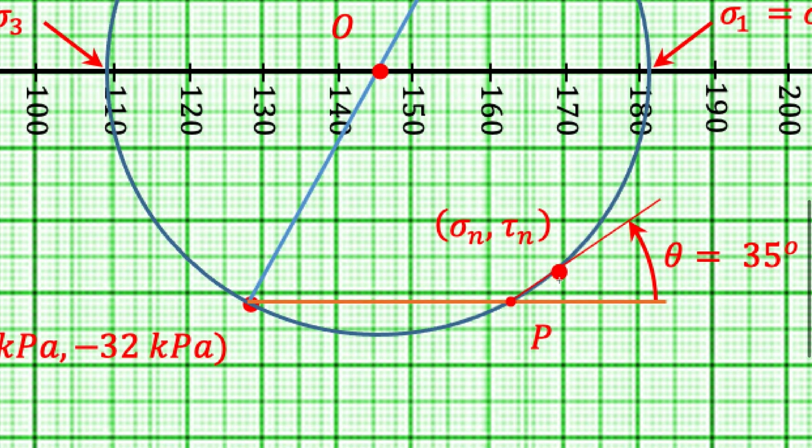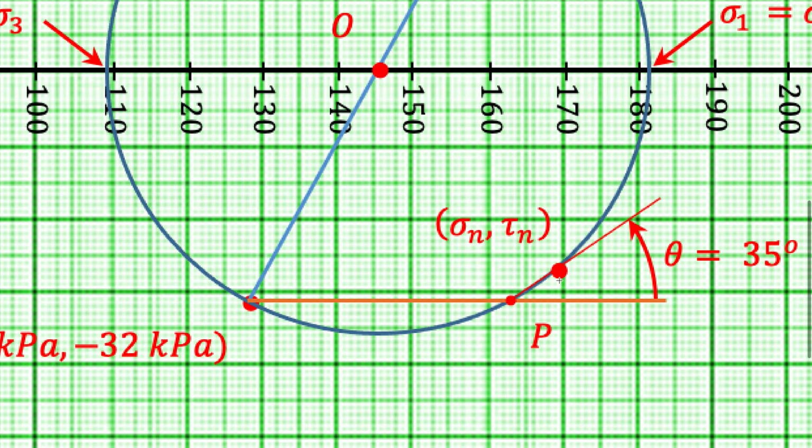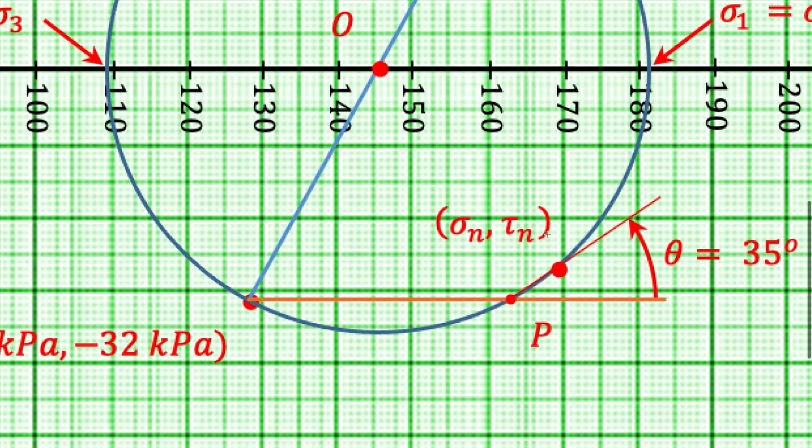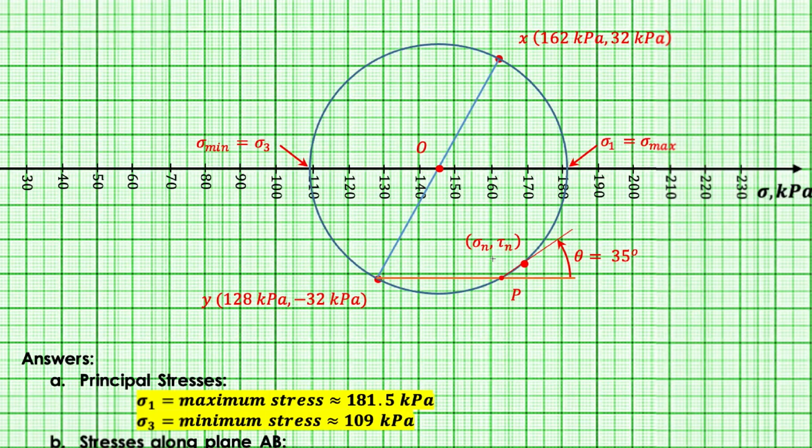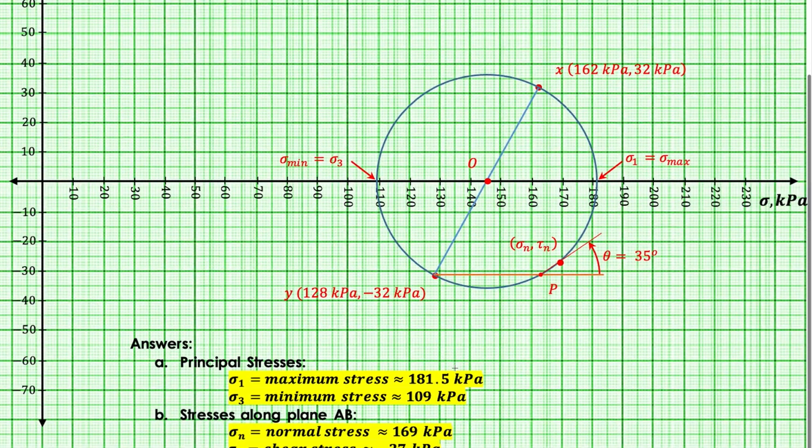So that's 169. Now for the tau, it is 10, 20, 25, 26, 27, 28. I think that's 27. So yeah, that's 127. 169, negative 27. So that's my shear stress along plane AB.